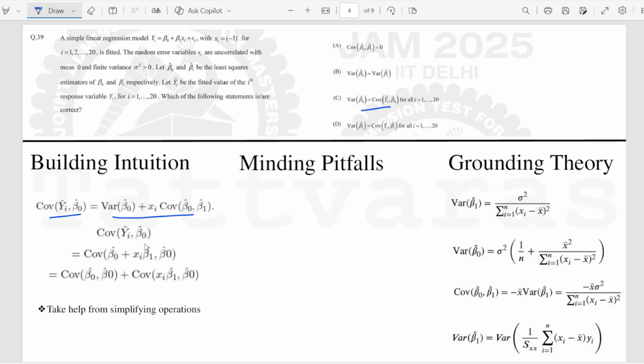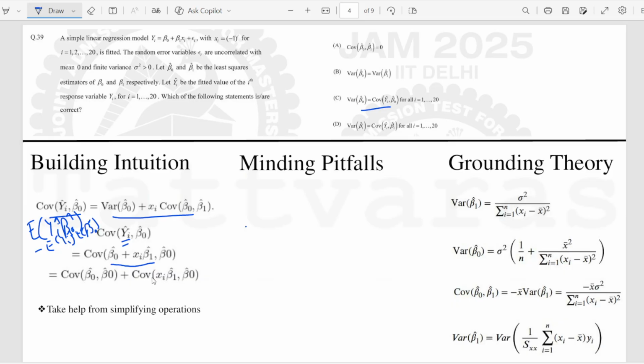The intuitive way to go about it is taking help of the way the covariance operator can be broken down linearly and simplified. Maybe the first instinct would have been to do something like expectation of yi hat beta naught hat minus expectation of yi hat and expectation of beta naught hat. So this would have been a very complicated way. But if we just expand, yi hat is what? It's the prediction, right?